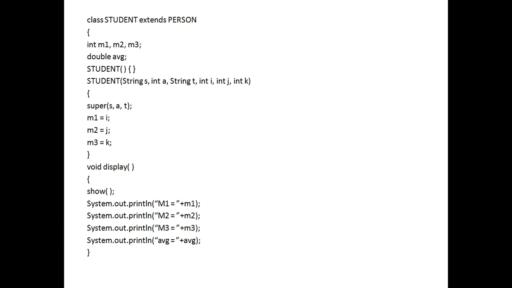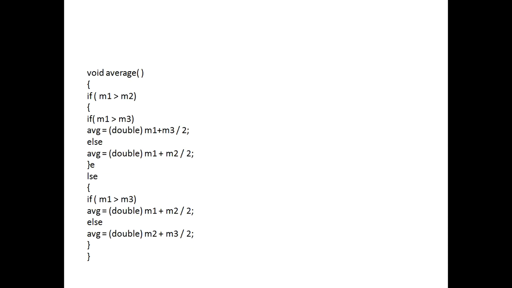Here the values of I, J, K we have initialized to M1, M2, M3 respectively, and it contains one more method called display, which displays the values of M1, M2, M3 and the average along with the name, ID and address of the person.